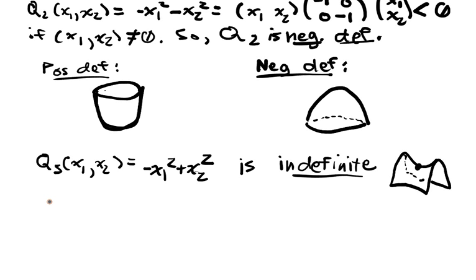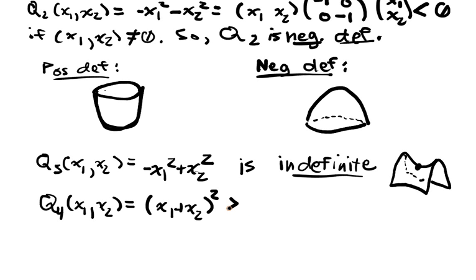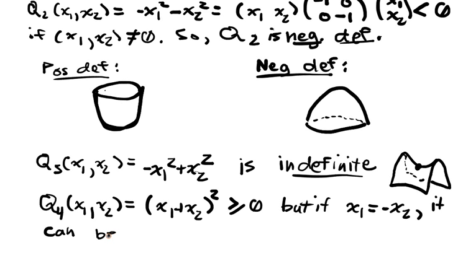How about Q4 of (x1, x2) equal to (x1 plus x2) squared. This is always greater than or equal to 0, but if x1 is equal to negative x2, it can be 0. So we're going to call this positive semi-definite.